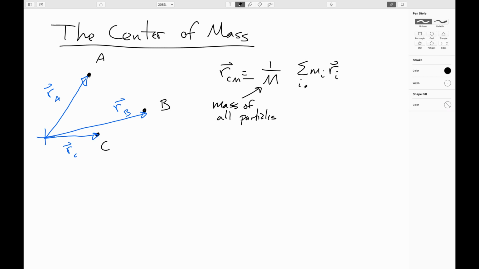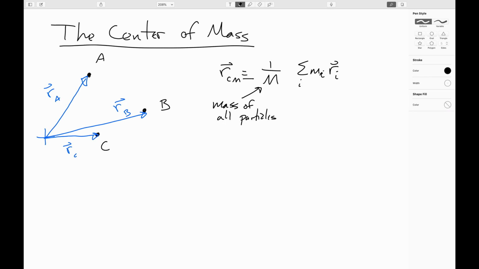This funny bit of notation, just as a reminder, is math notation. This means sum over a collection of particles, and this i is called an index. It's going to go from 1, 2, 3, 4 up until however many particles you have.